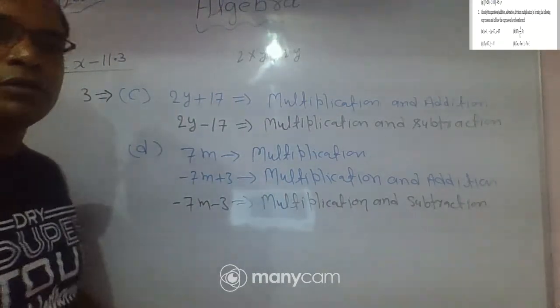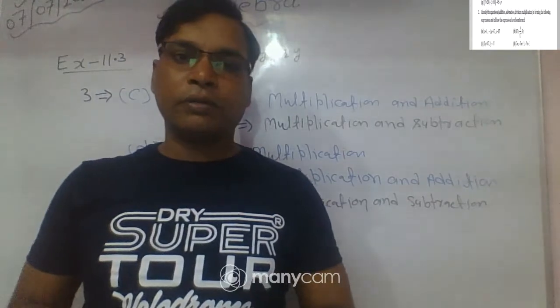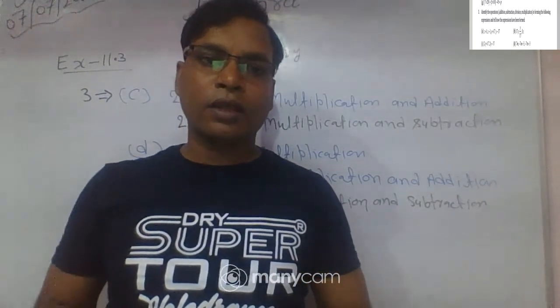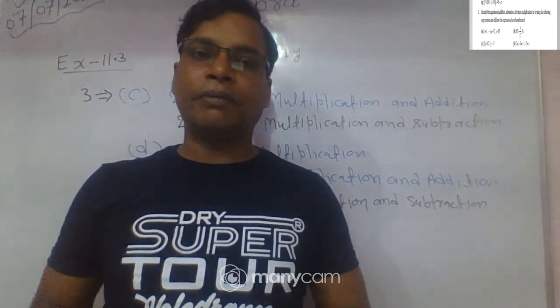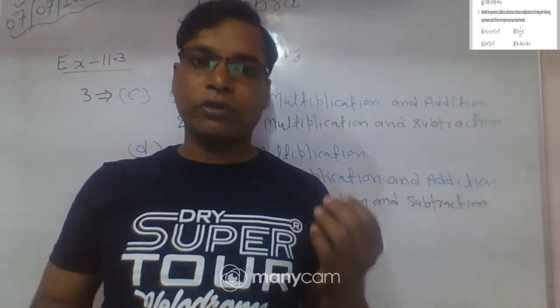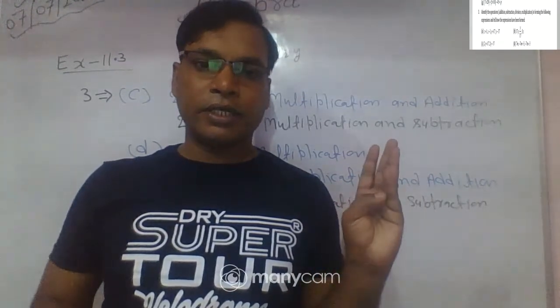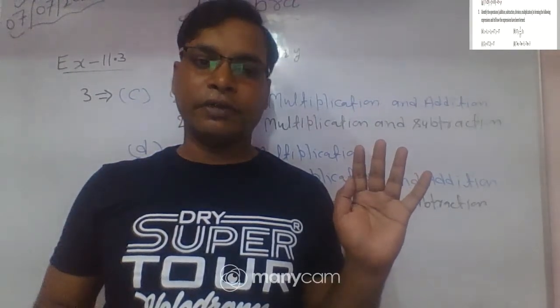Clear? So student, in this way we complete question number 3. I hope all of you understood and you are able to recognize arithmetic operations. There are 4 types of arithmetic operations, according to your standard: addition, subtraction, multiplication, and division.